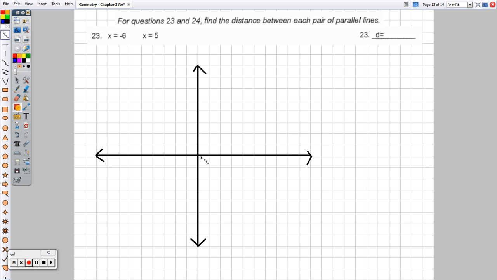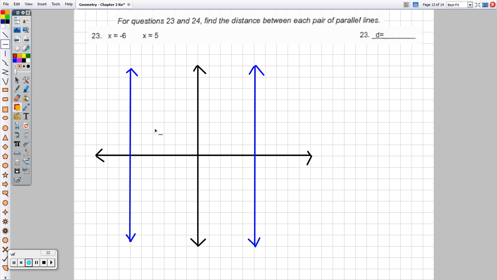So x equals -6. 1, 2, 3, 4, 5, 6. That's where x always equals -6, no matter what your y value is. If you go anywhere along this blue line, your x value is -6. Likewise, over here, 1, 2, 3, 4, 5, this would be x equals 5 right here. Anywhere you go along that blue line, the x value is always 5. It doesn't matter what y value you have, the x value is always 5.